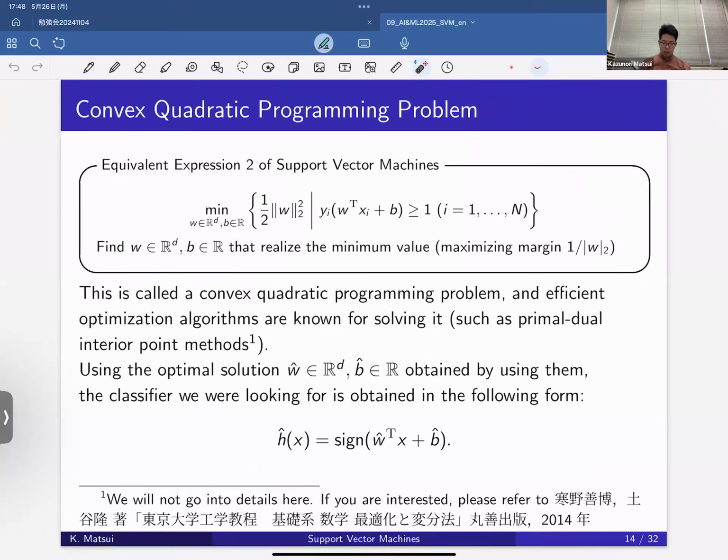Anyway, it is okay to know that there are methods to find the optimal solution, to find W and b. If we call the optimal solution obtained this way W hat and b hat, then the classifier we were looking for can be written like this.